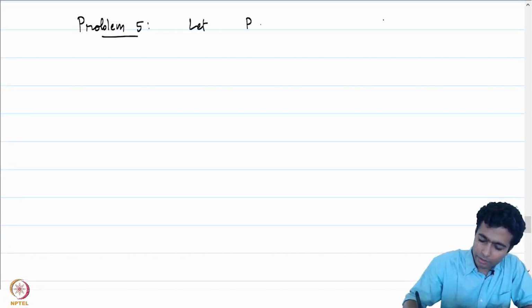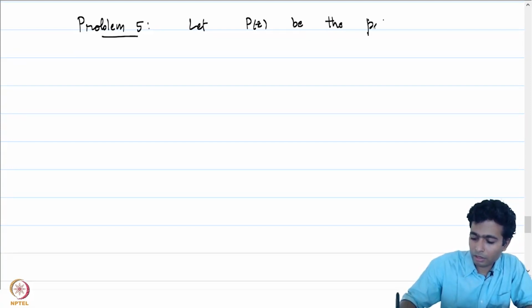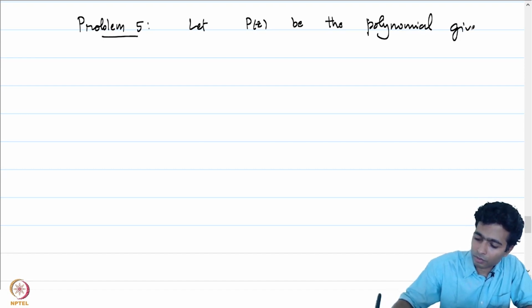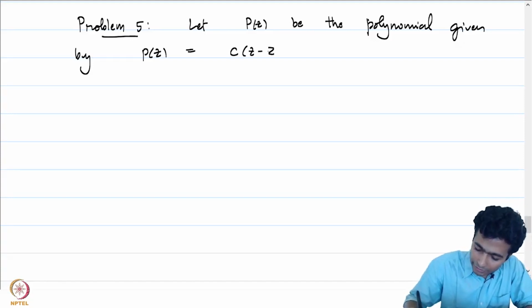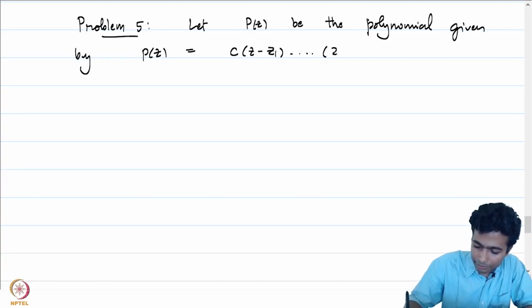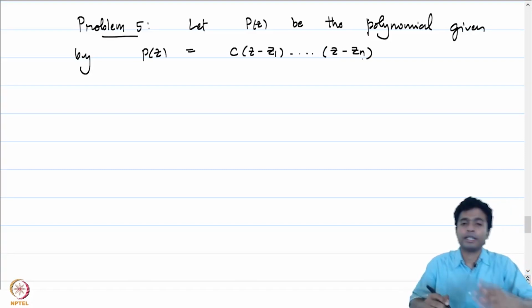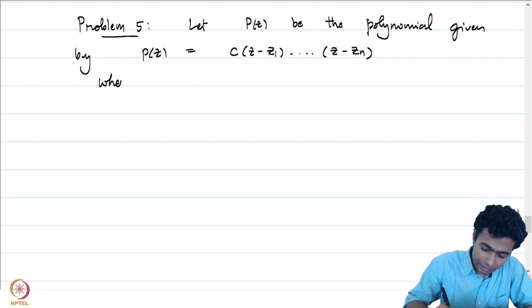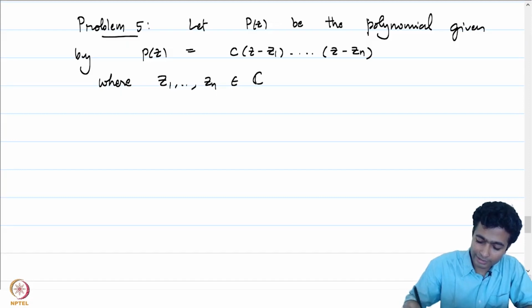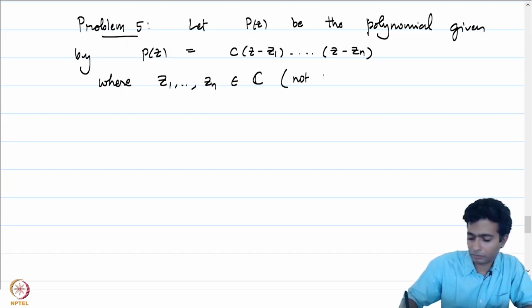Let P of Z be the polynomial given by P of Z equal to C times (Z minus Z1) up to (Z minus Zn). So Z1 to Zn are roots of the polynomial P, where Z1 to Zn are complex numbers, not necessarily distinct.